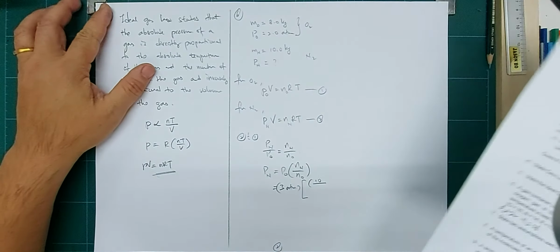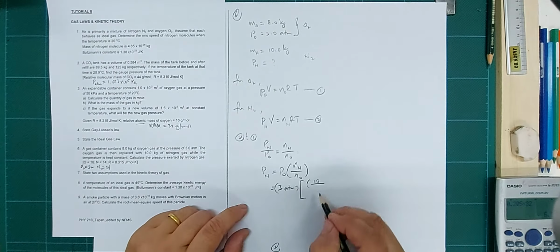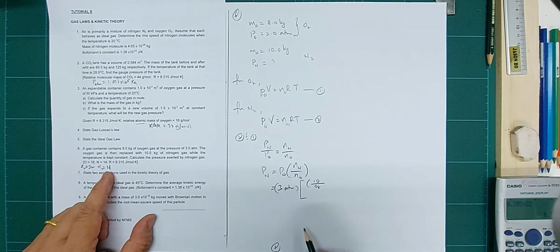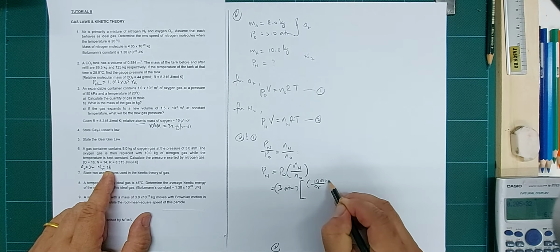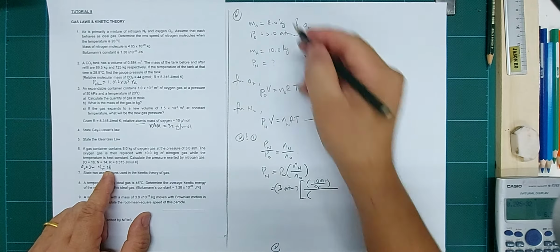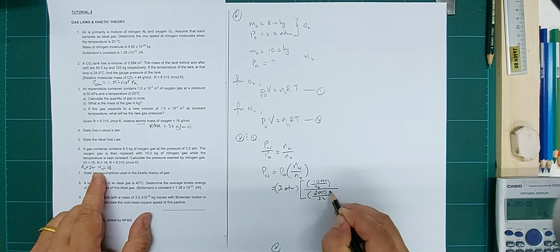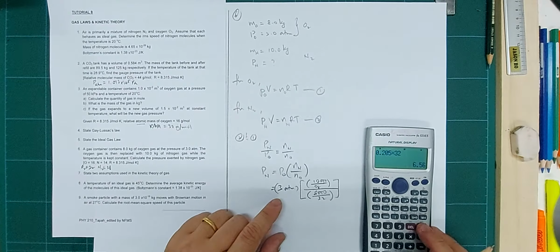Now the nitrogen is divided by 28, but remember this is in gram, right? So this one has to change to gram. 10,000 gram for nitrogen, and then divide by the one for oxygen, 8,000 gram divided by 32.